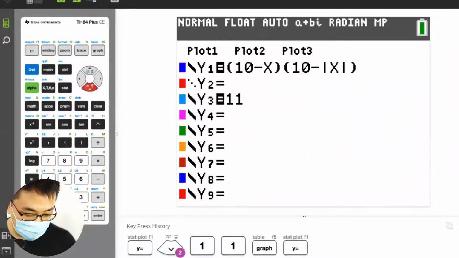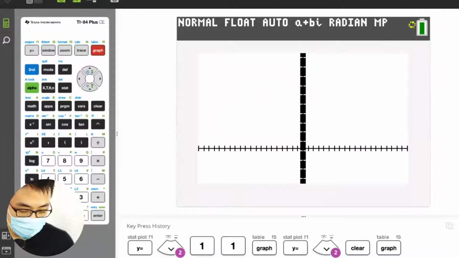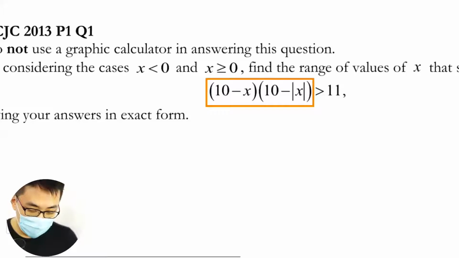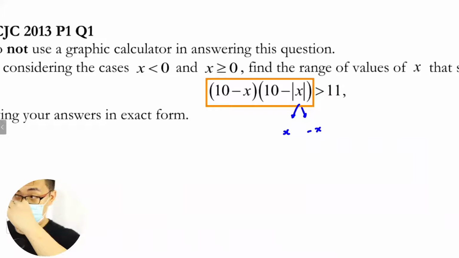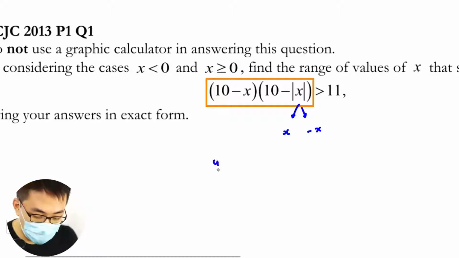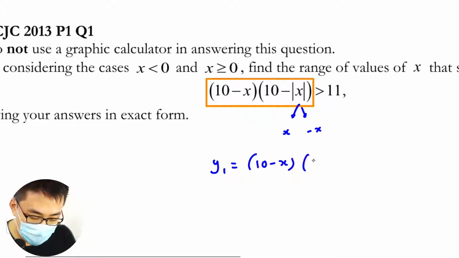Now, before you start, we're going to look at how this line behaves. Remember this one. This equation here would have two choices: taking it as x or negative x. So modulus, meaning to say, you have two equations here. y1 is equal to 10 minus x, positive one first, easier.